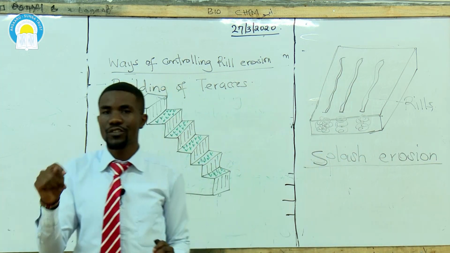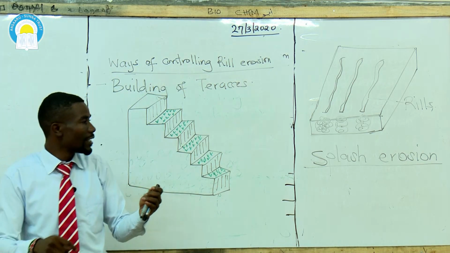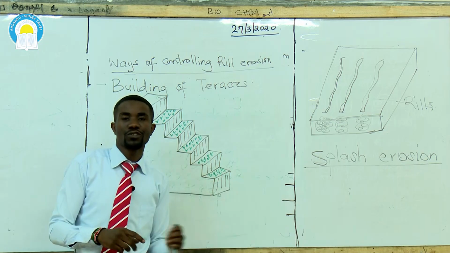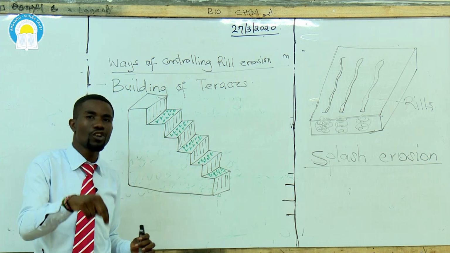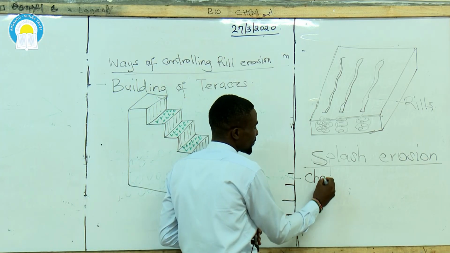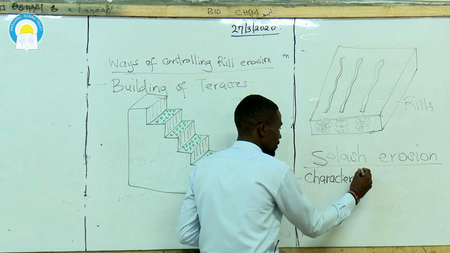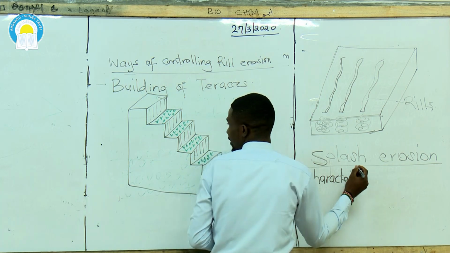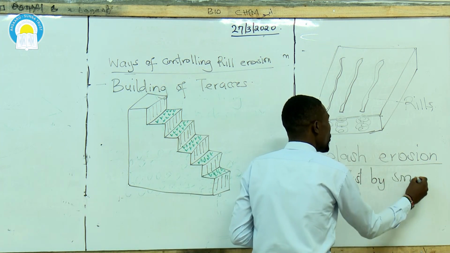When you see those small holes, that means the splash erosion has taken place, because it is caused by raindrops. So we will say that it is characterized by small holes.